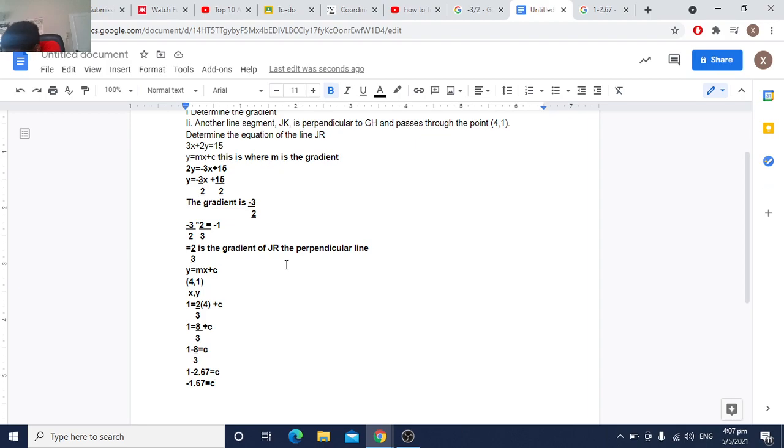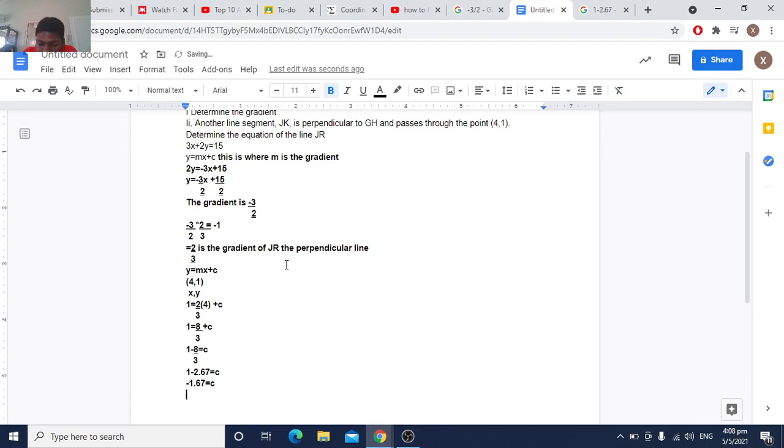And then 1 minus 2.67 is equal to c. So negative 1.67 is equal to c.